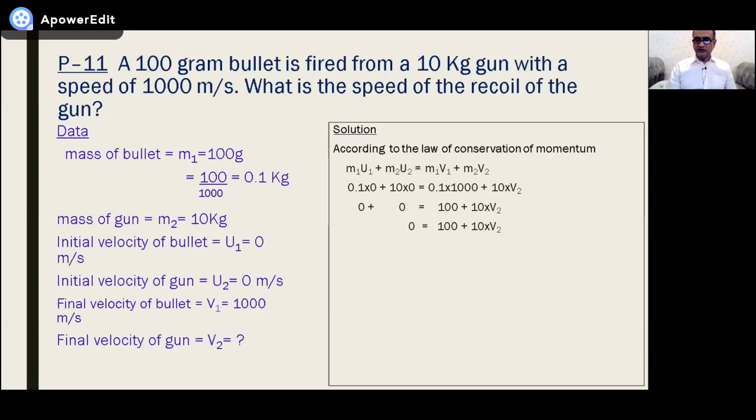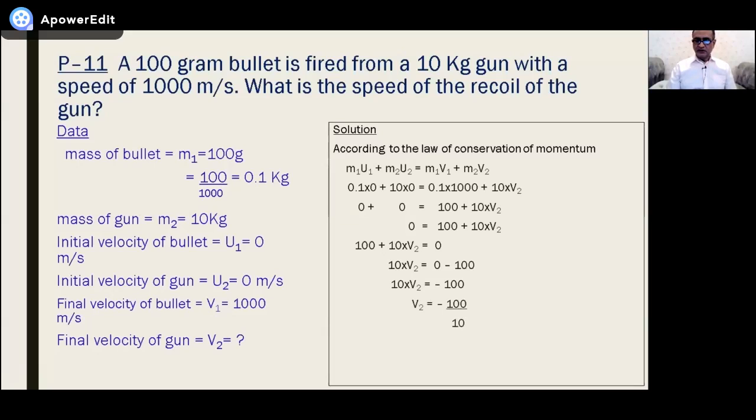Change the side. 100 would be transferred to the right side, so it becomes 0 minus 100. Since we have to find the value of v2, the 10 multiplied would be transferred to the right side as divided by 10.